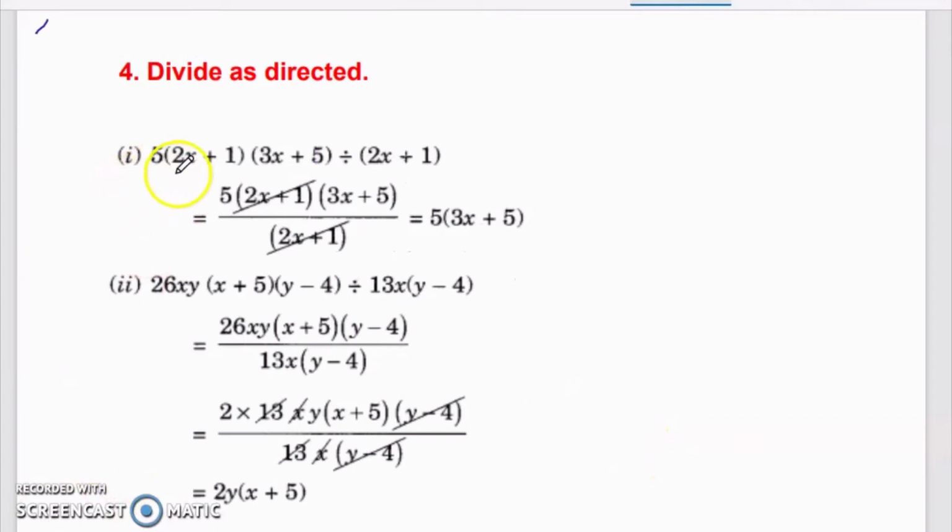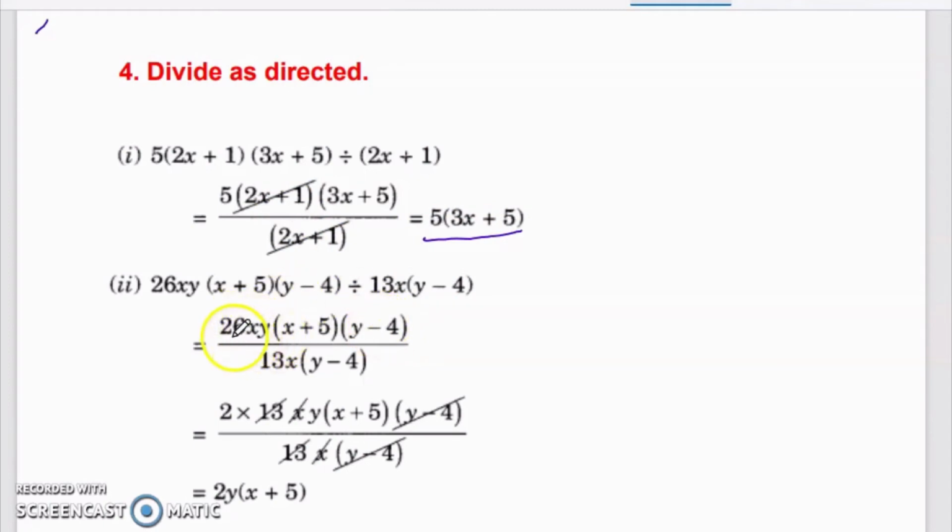Question number 4. First one is 5 into (2x + 1) into (3x + 5) divided by (2x + 1). So over here it is already in factorized form and all are irreducible factors. You cannot factorize it further. So you have (2x + 1) in the numerator as well as denominator. You can cancel it out and the answer will be 5 into (3x + 5).